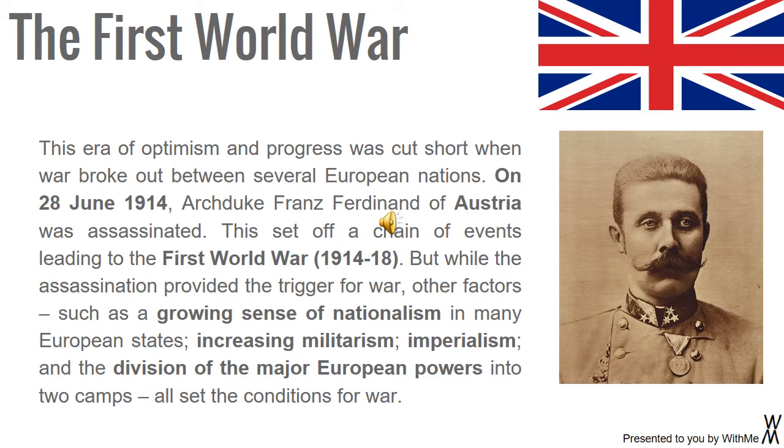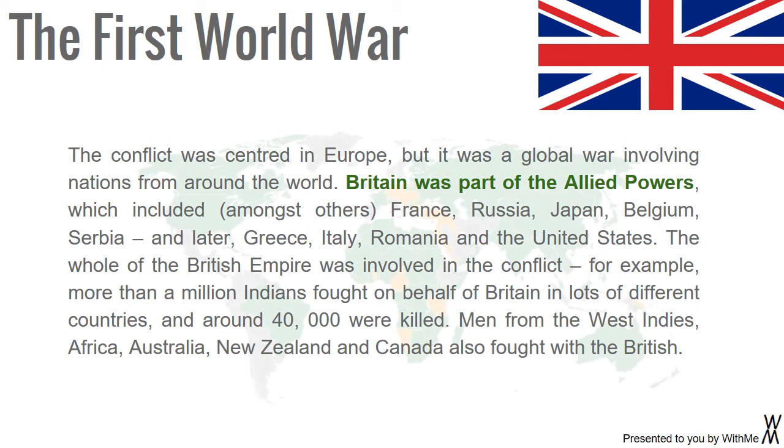But while the assassination provided the trigger for war, other factors, such as a growing sense of nationalism in many European states, increasing militarism, imperialism, and the division of the major European powers into two camps, all set the conditions for war. The conflict was centered in Europe, but it was a global war involving nations from around the world.